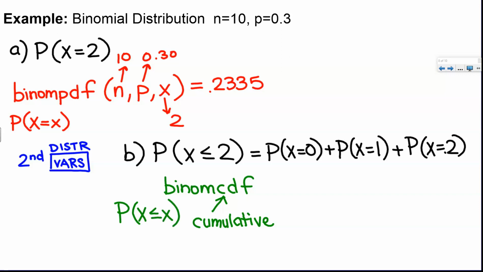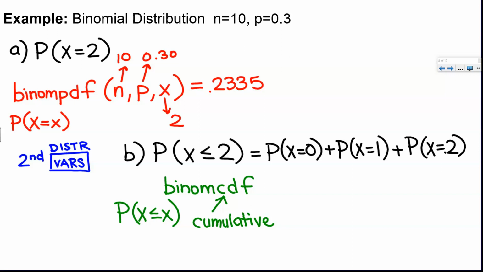So when I plug in an x value into the CDF, it's going to look at the probability of that value and every value below. Okay, and of course they're all whole numbers. So if I put in 2, it's going to look at 2 and 1 and 0 and combine them. Okay, so this is a time saver because then I don't have to do the PDF multiple times.